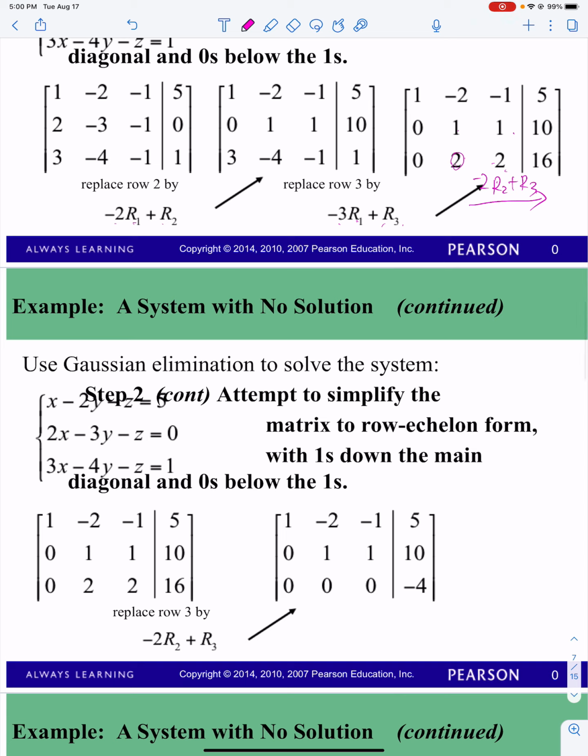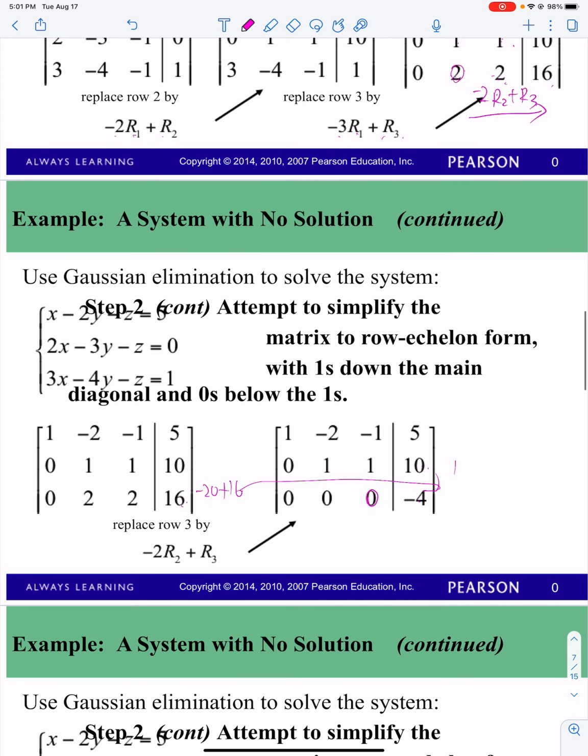When you do -2 R2, -2 times 1 plus 2 is 0, and this one also becomes 0 too. Then 10 times -2 is -20, and -20 plus 16 will give you -4.